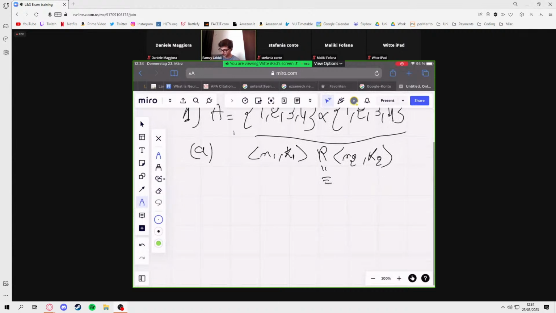First, we must show that R is reflexive. Secondly, we have to show R is symmetric, and that it is transitive.